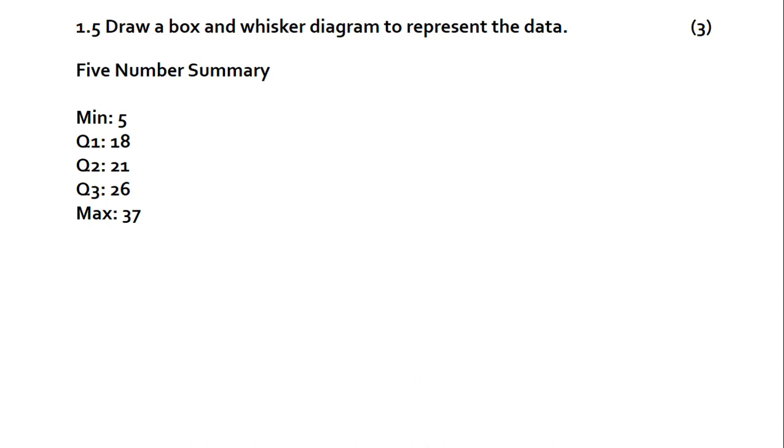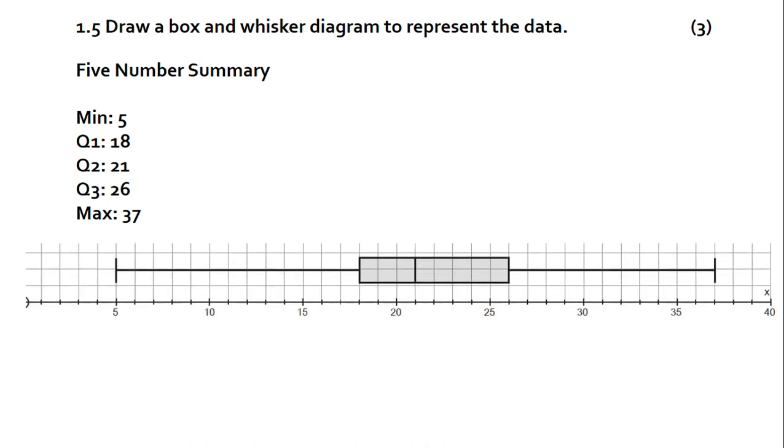The question here says draw a box and whisker diagram to represent the data. Now, from the previous question, we had already found the 5-number summary when we wanted to find Q3 and Q1. So this is our box and whisker plot. Now, when it comes to this question, the key thing is choosing a correct scale.